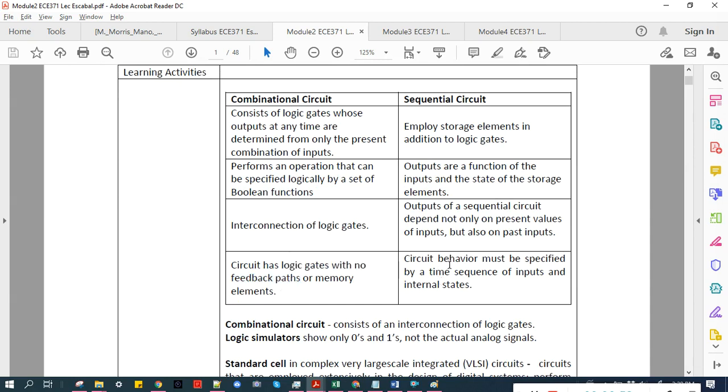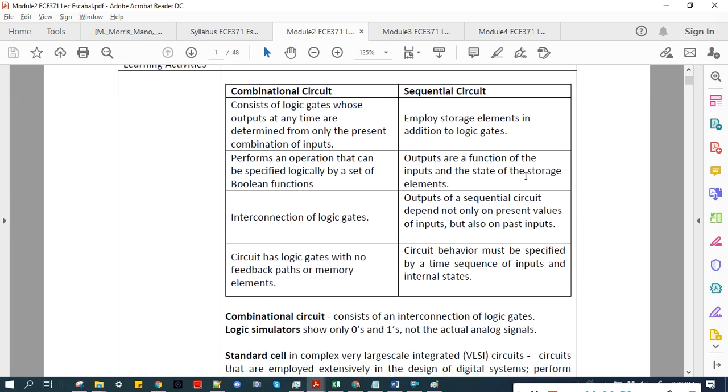While for sequential, circuit behavior must be specified by a time sequence of inputs and internal states. Usually sequential circuits are clocked. This has a clock input that will be the basis for the timing sequence.